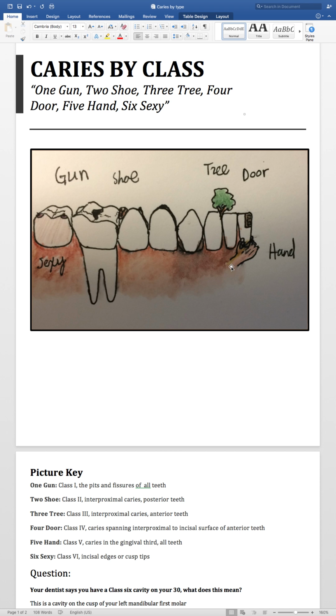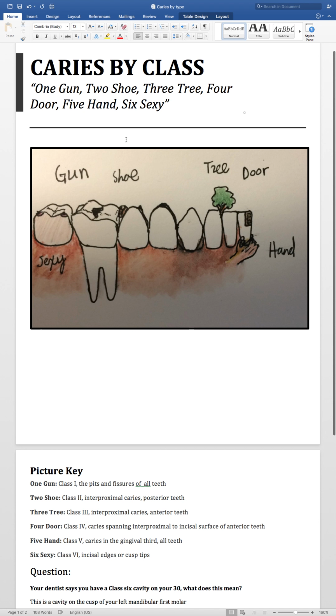And that's representing a cervical or gingival third cavity of any tooth, because obviously all these have cervical regions, and there's no distinct class for anterior cervical and posterior cervical caries. 6 sexy, so this is going to be a cuspal cavity or carie, or it's also going to include the incisal edges.